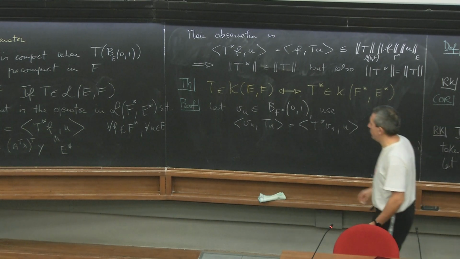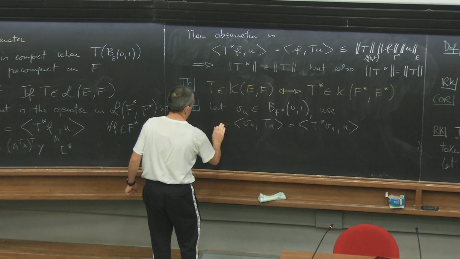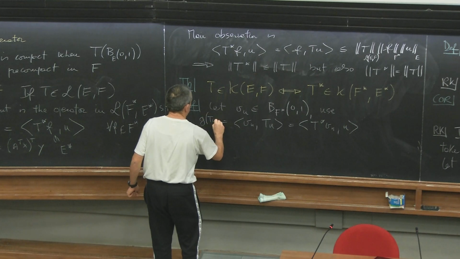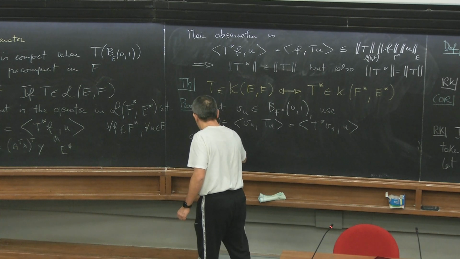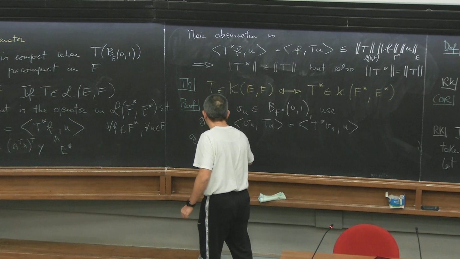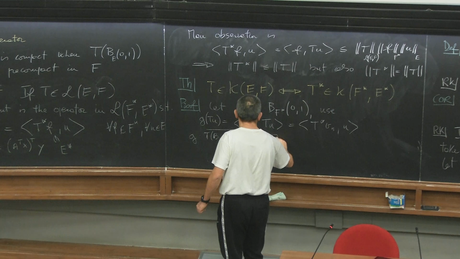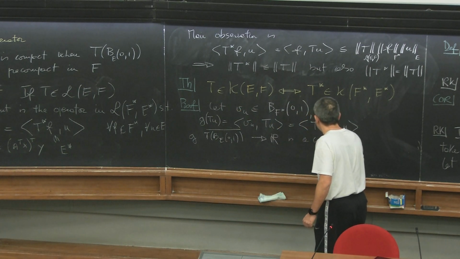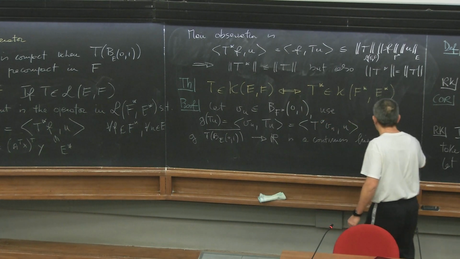And now the trick is the following. This function is called G_n of U. So G_n, defined on the closure of the unit ball, is a continuous linear function.